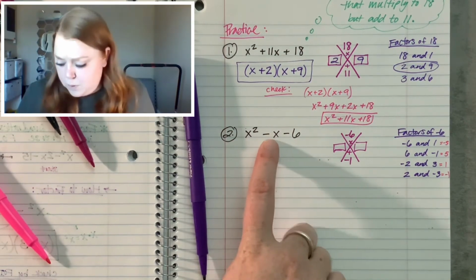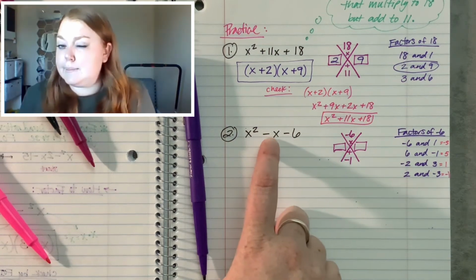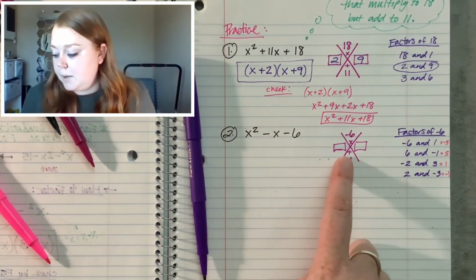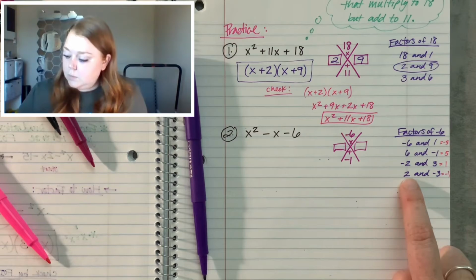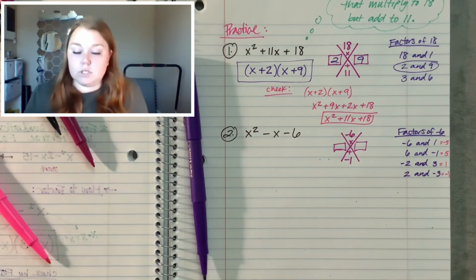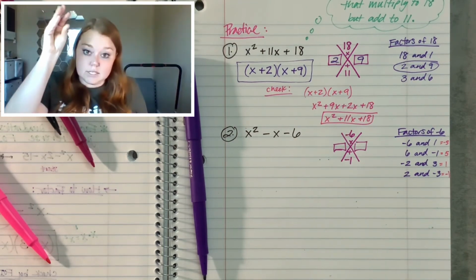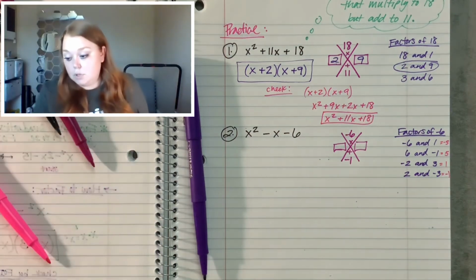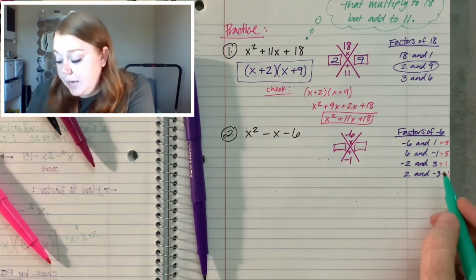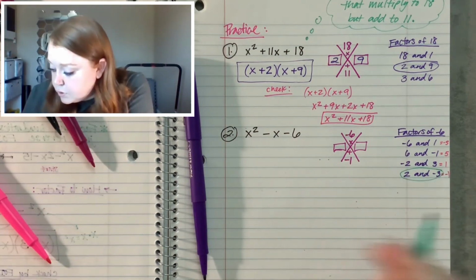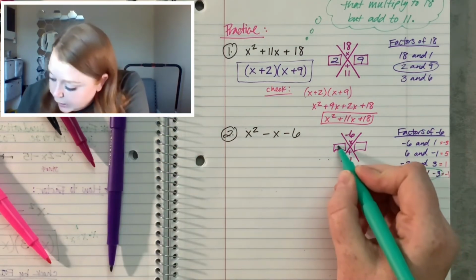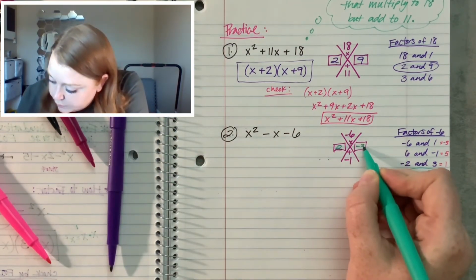And I forget if I said this, but we all know that there's a secret 1 there, right? That's how I got the negative 1. Okay, so this is the only one, 2 and negative 3. Those are the only numbers that multiply to negative 6, but add up to negative 1. So those are your winners right there. Positive 2 and negative 3.